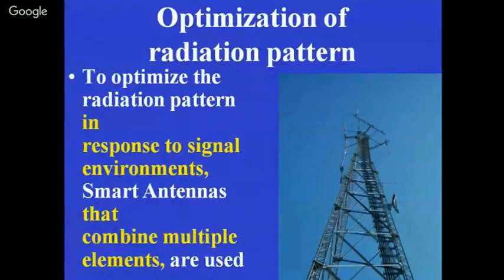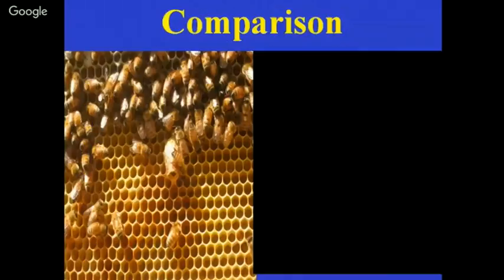To optimize that area where the signal cannot reach, use different types of antennas. So whatever cell we have designed and whatever cell the honeybees have designed, exactly the same in nature, but the size is not the same. Understand? This is the basic difference. Shape is the same.